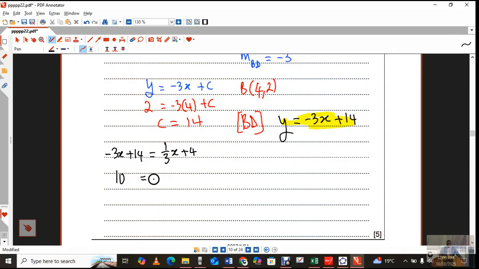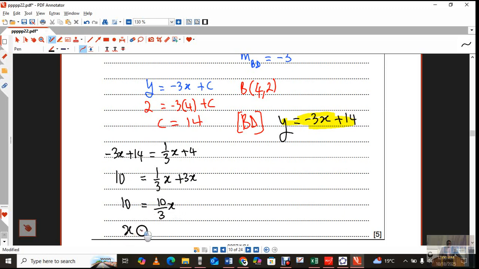So 10 is equal to a third of x plus 3x. When you're dealing with that, a third of x plus 3x is of course 10 over 3x. So 10 equals 10 over 3x.